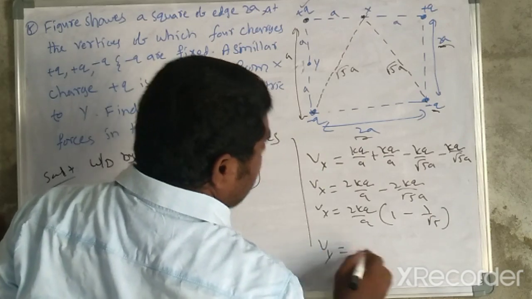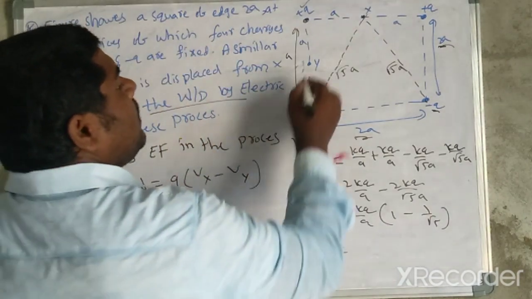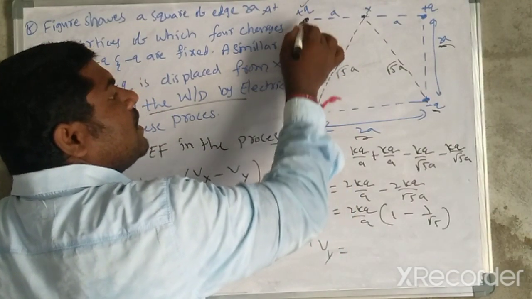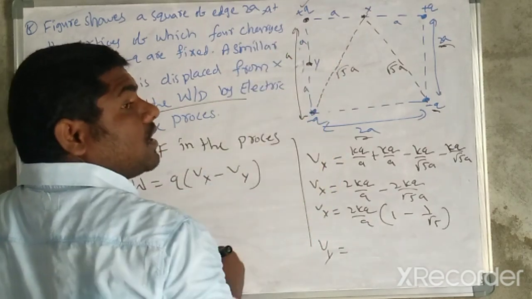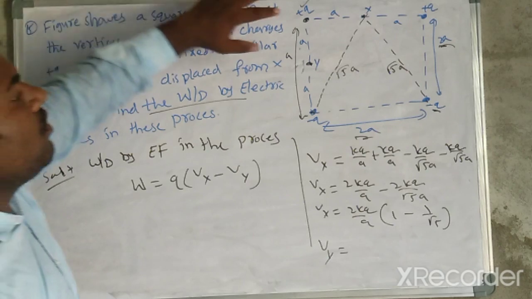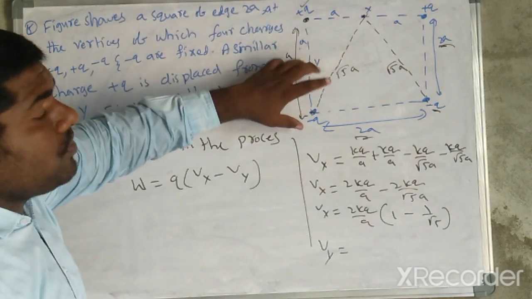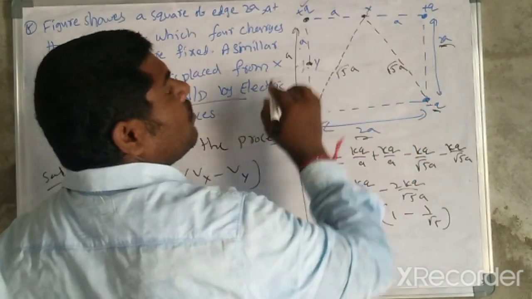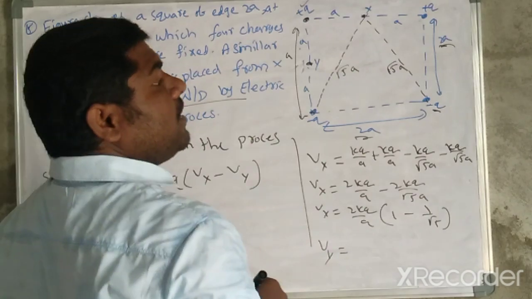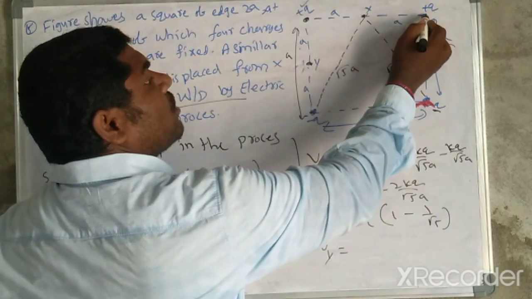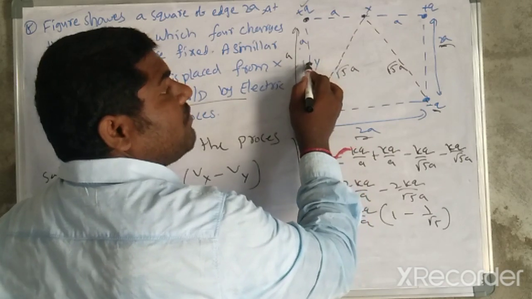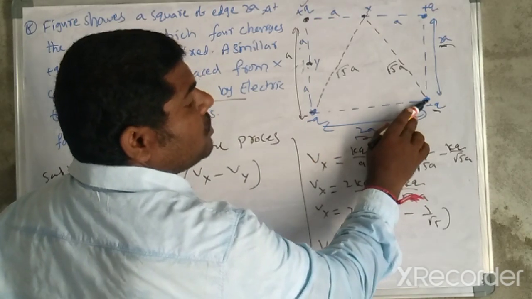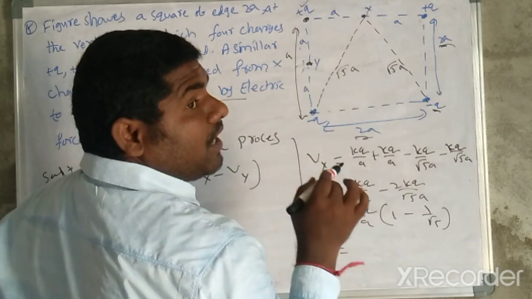Similarly, you may find Vy. The potential at y due to this charge is positive kq by a, and due to this charge, minus kq by a. By symmetry these are equal and opposite, so they cancel each other. Due to this one, the distance is also root 5 a, so the positive charge gives potential at y of positive kq by root 5 a. Due to this charge, minus kq by root 5 a.